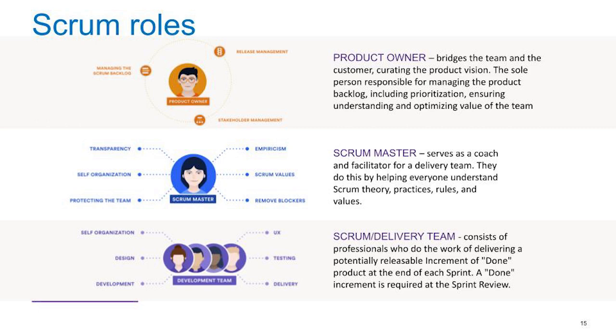So communicates kind of the direction that we're heading back to the team. They're responsible for that backlog prioritization pieces. Scrum Master serves as a coach and facilitator to the team. A lot of Scrum Masters are constantly referred to as the bulldog of the team because they also protect the team and they protect kind of the Scrum process.